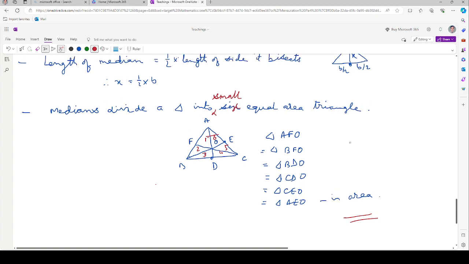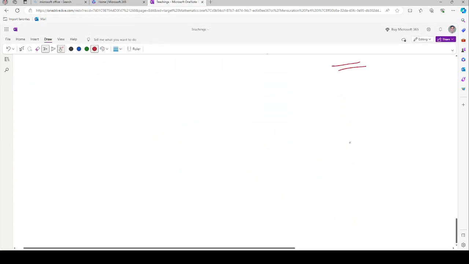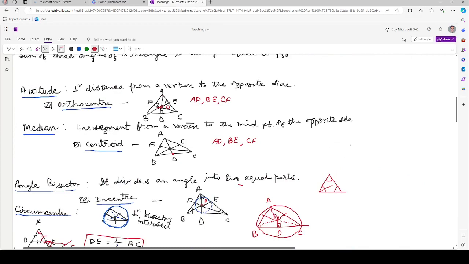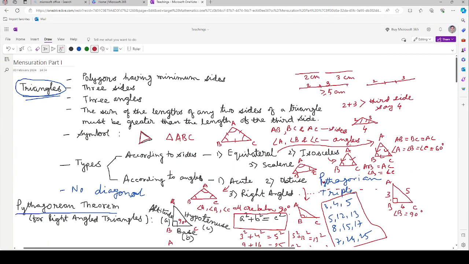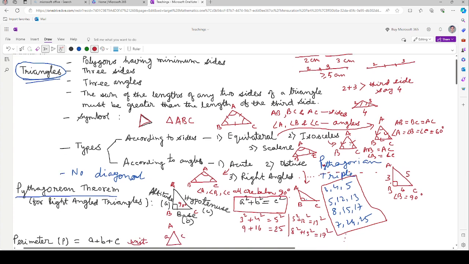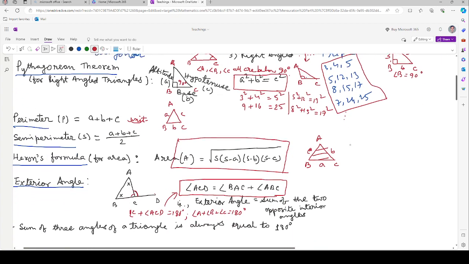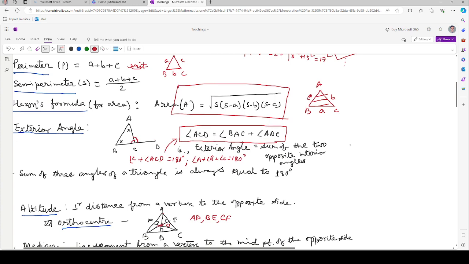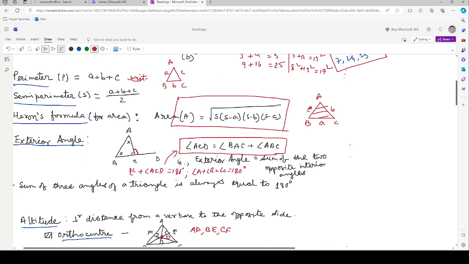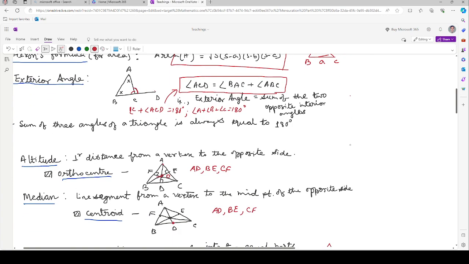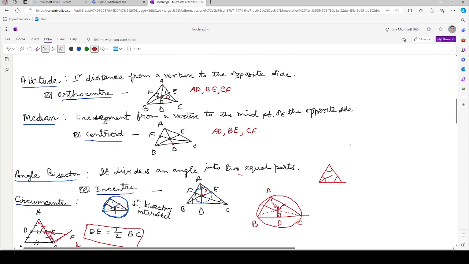So, if we summarize this video, then what will we get? We will get the different properties of triangles and types of triangles, and also the perimeter of triangles, and different formulas to find the area of triangles, and some important terms like orthocenter, centroid, incenter, circumcenter.